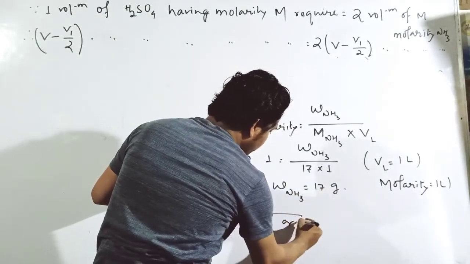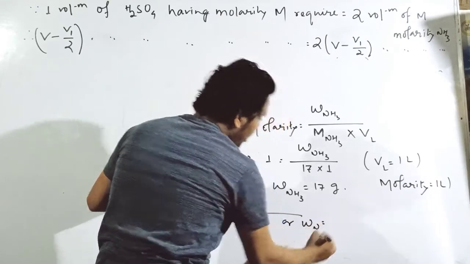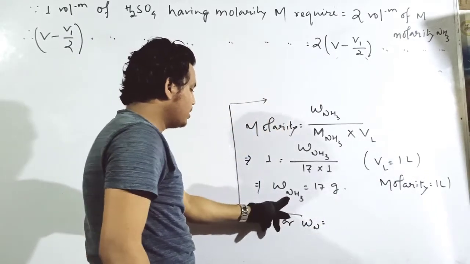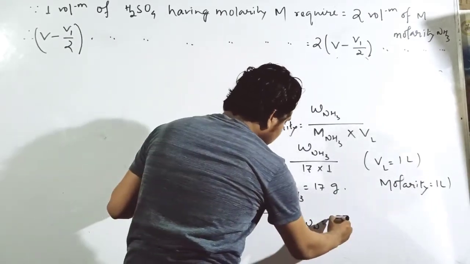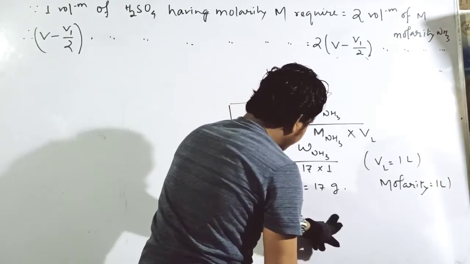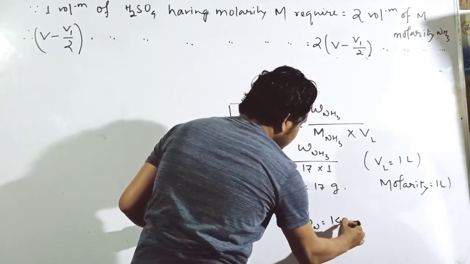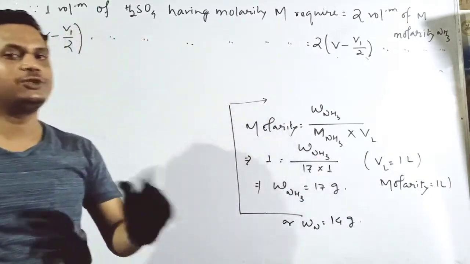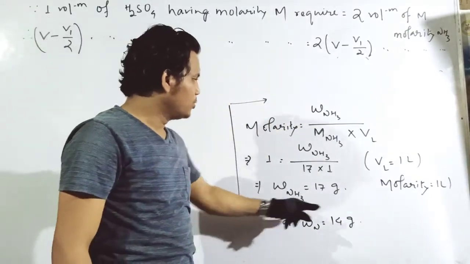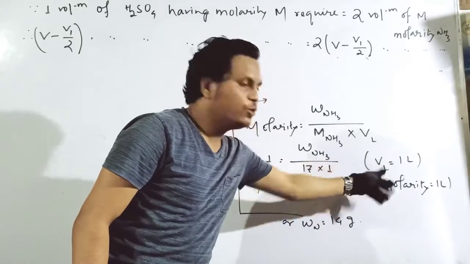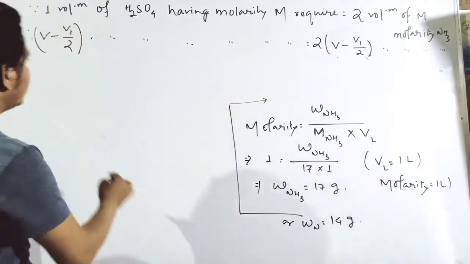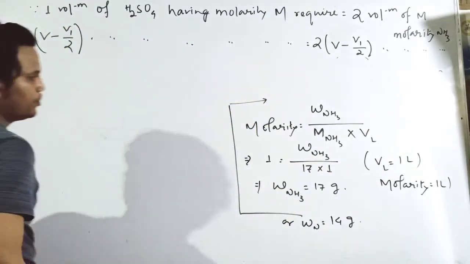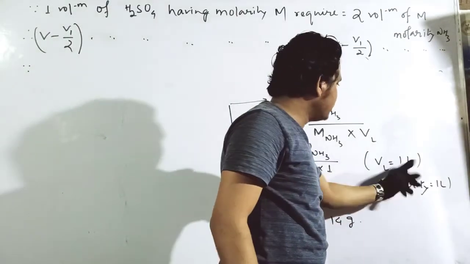Or the mass of nitrogen will be how much? In ammonia, what is the mass of nitrogen? 14 gram. Nitrogen 14, hydrogen 1 into 3.